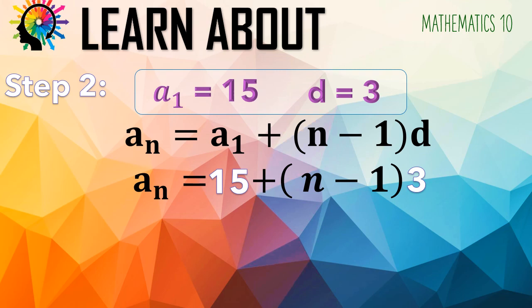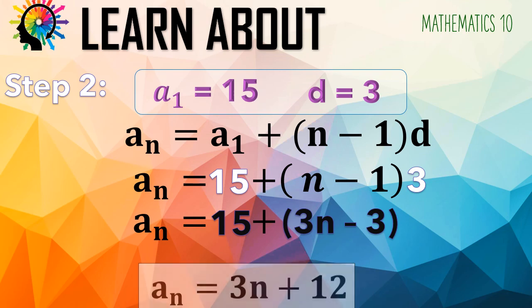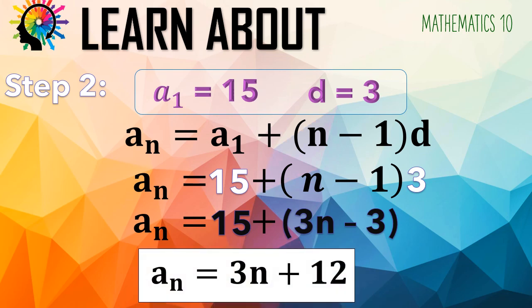So we will apply the distributive property: 3 times n is 3n, and 3 times negative 1 is negative 3. Then we can combine like terms. We have constant 15 as well as constant negative 3, and 15 plus negative 3 is positive 12.